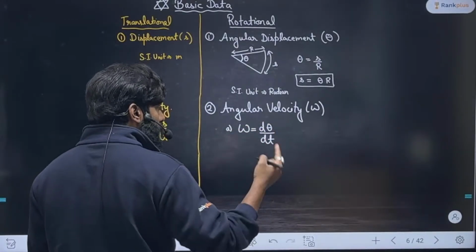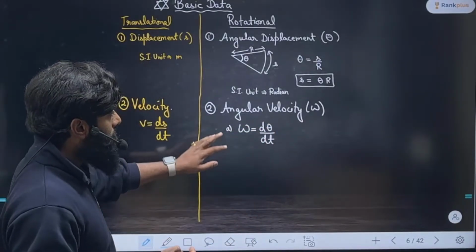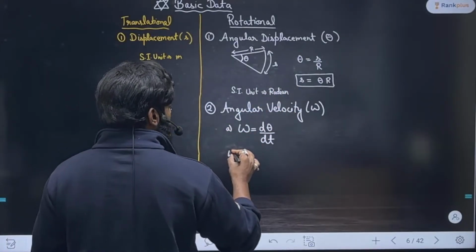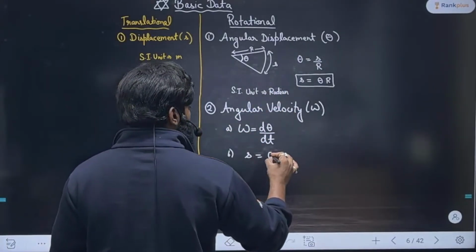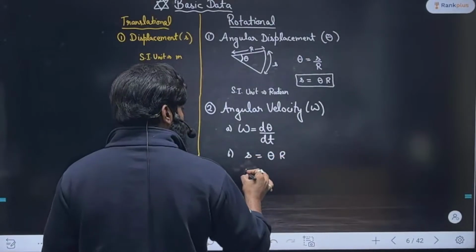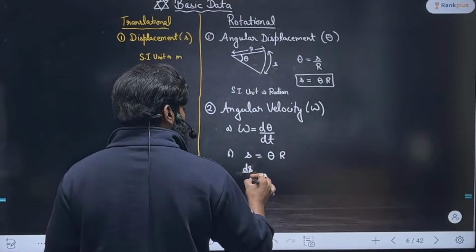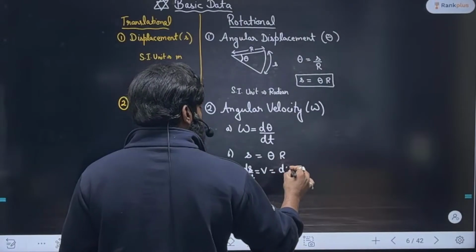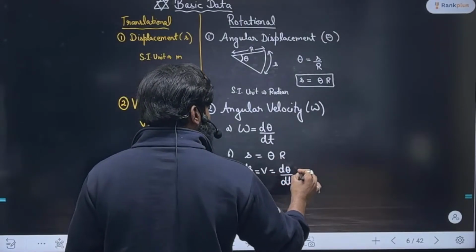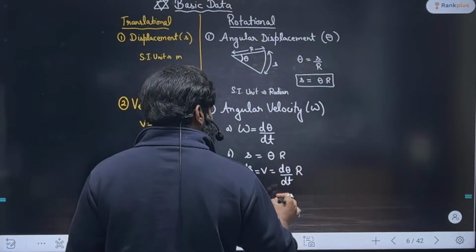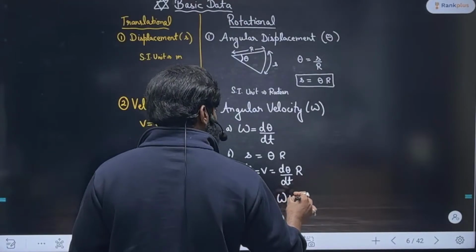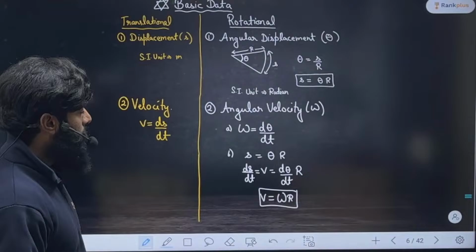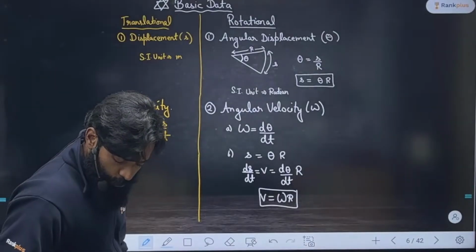There is another thing: if we have to get the relationship between this and this, I could do it as displacement is equal to theta r. If you differentiate this, you will get ds divided by dt, which is equal to velocity, and here d theta divided by dt times r. So you will get v is equal to omega r. So this is also an important relationship which you have to remember, right?